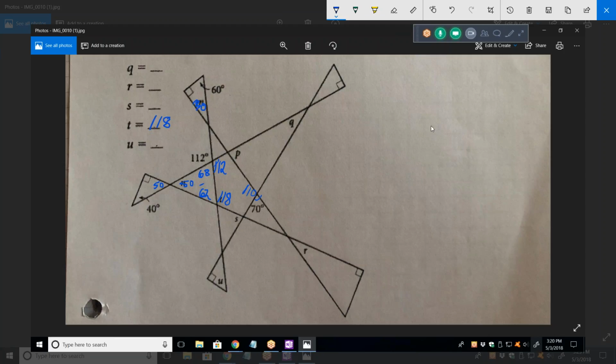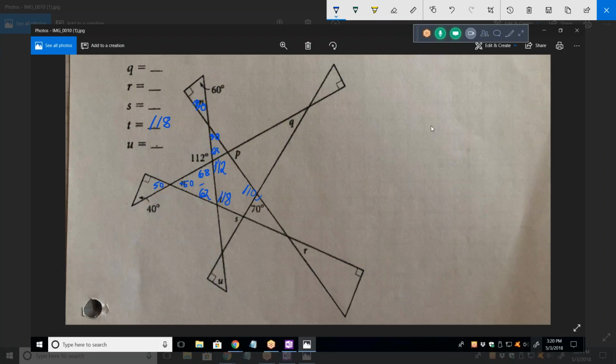Now, okay, this triangle right here. We have enough information that we can name all three angles of that triangle. What's the top one? 30 degrees. What's the lower left one? 68 degrees.